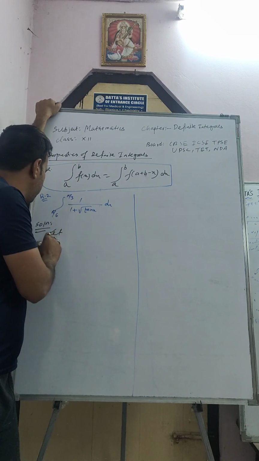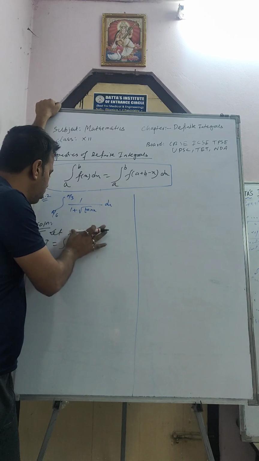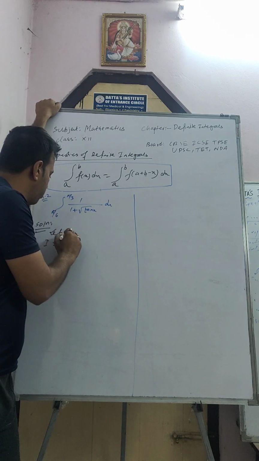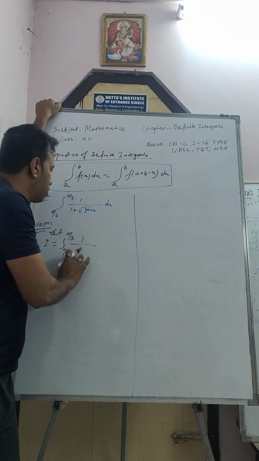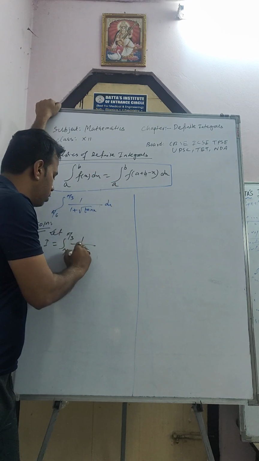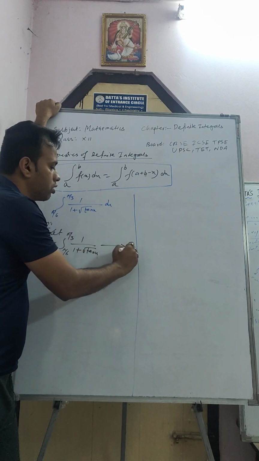Suppose I equals the integral from pi by 6 to pi by 3. Here I also use the second property of definite integrals. This one is equation 1.